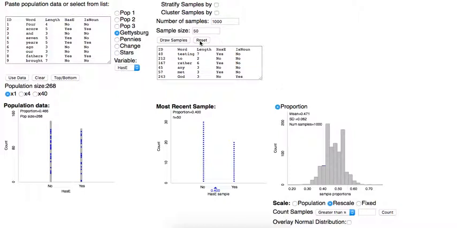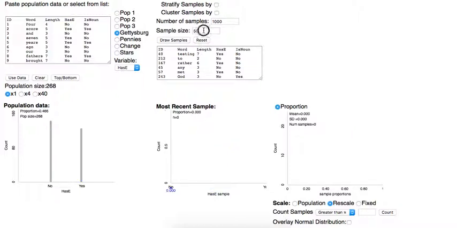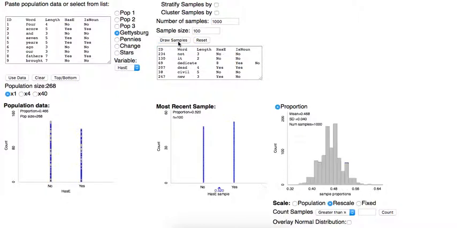So what happens if we increase the sample size even more? Let's reset, let's do 100. Again, we have this not perfect normal distribution, but it's closer. So we're going to call the normal distribution a close approximation to the sampling distribution of proportions.